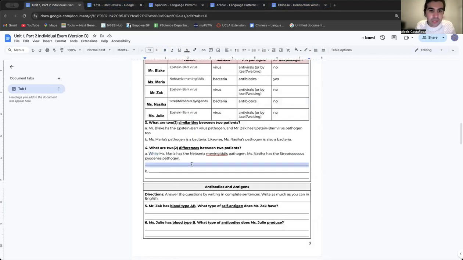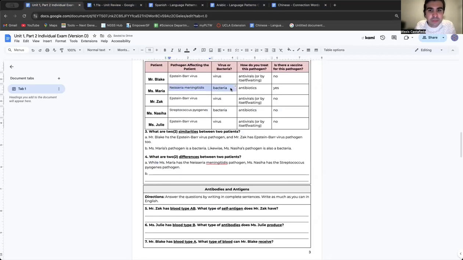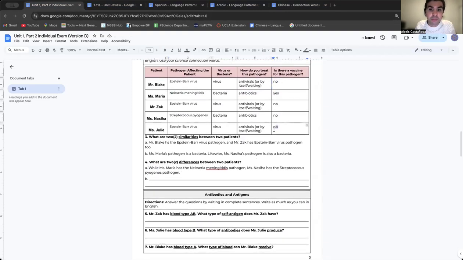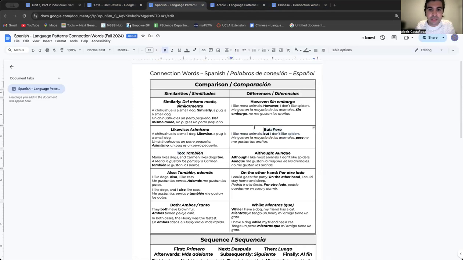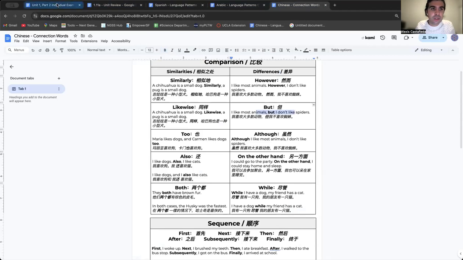Okay. Let's look at another difference. So let's see. Miss Maria's pathogen has a vaccine, but let's try Miss Julie's pathogen does not have a vaccine. So that means I'm gonna use the word but to talk about differences.